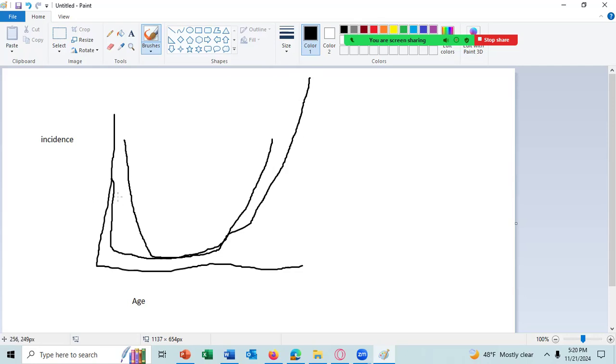But the very young are at greater risk for getting COVID-19, and COVID-19 will be a more serious disease than the young, like normal children, teenagers, young adults, very low incidence. And then it starts climbing. I don't remember where it becomes significant, if it's age 45, I know it's age 65, you're at great risk.